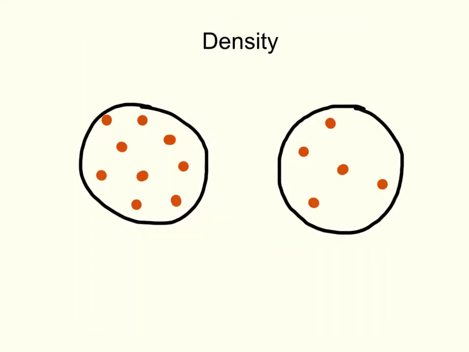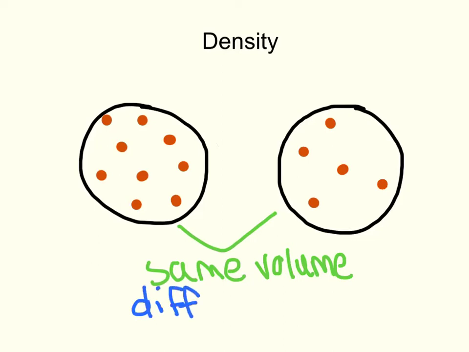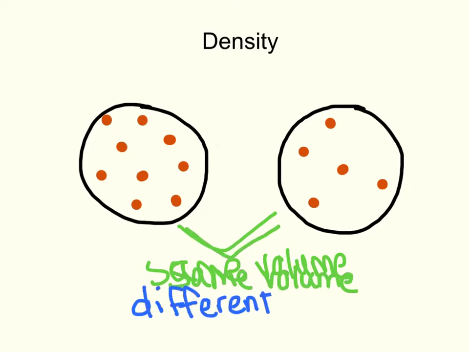Here you can see two circles that are about the same size or have the same volume. As you can see, these circles have particles inside of them. They do not have the same number of particles. They have a different number of particles, also known as mass.